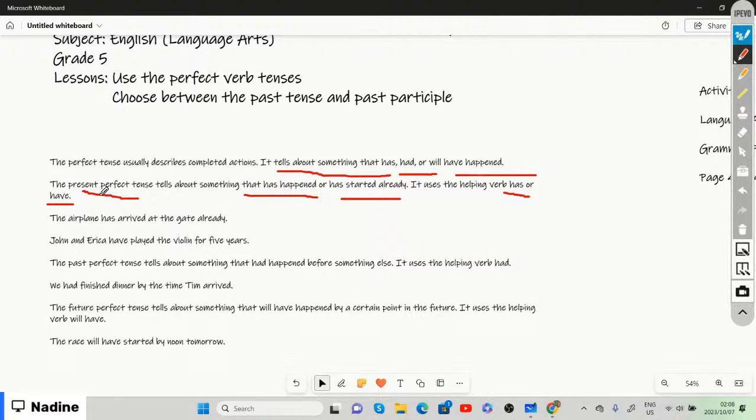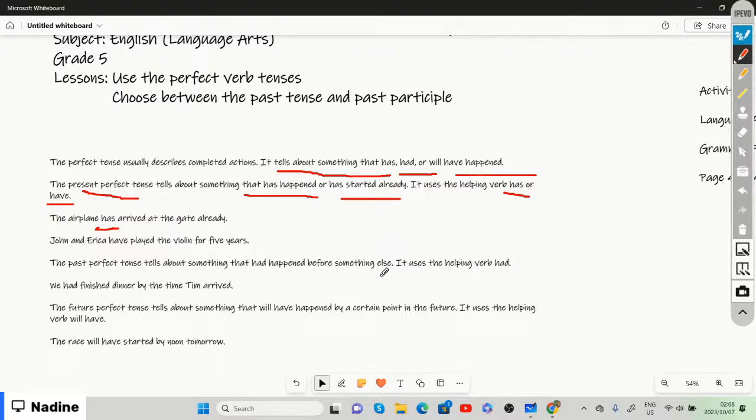For example, the airplane has arrived at the gate already. That refers to one person, one thing, one animal, or one place, so it shows one thing that has arrived at the gate already.